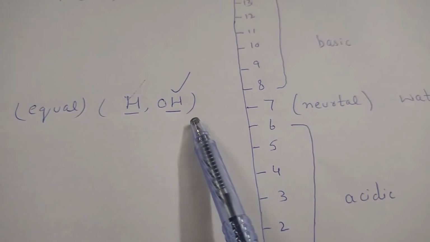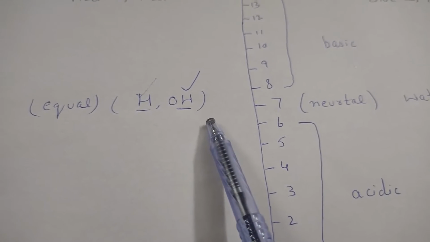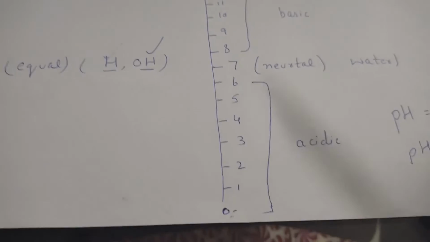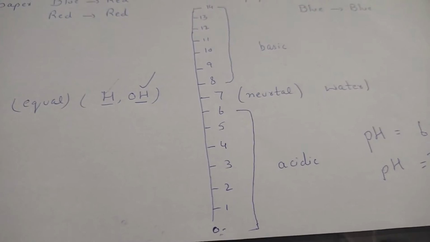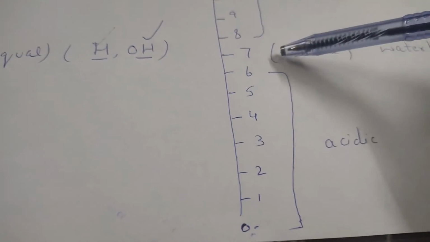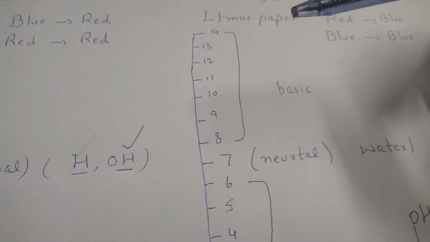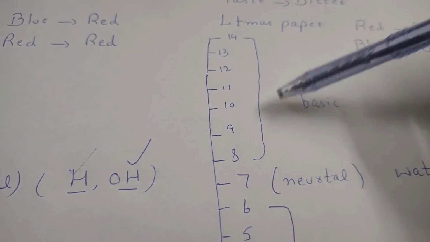If any object has pH 7, it means that it has equal amounts of hydrogen and hydroxyl ions. And if any object has pH less than 7, it means that it is acidic. And if an object has pH more than 7, that is called basic.